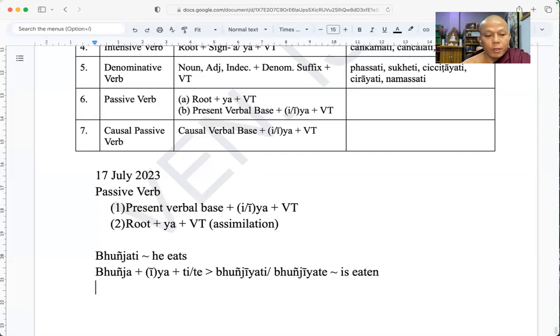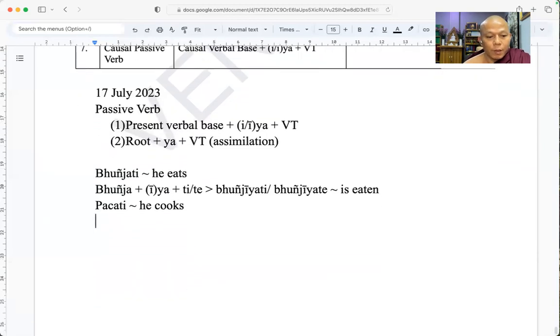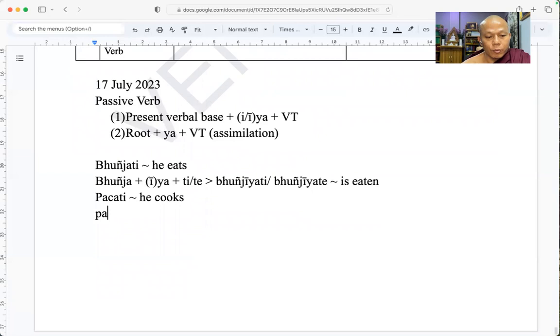In the same way, we have pacati, he cooks. We take the paca base, and then the passive suffix "ya" and then the ending.